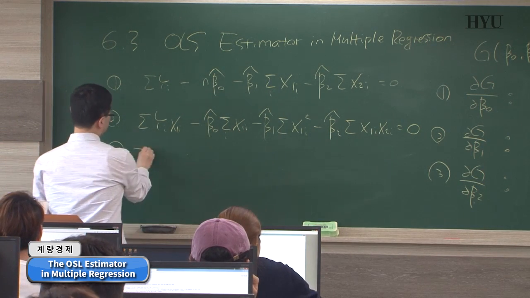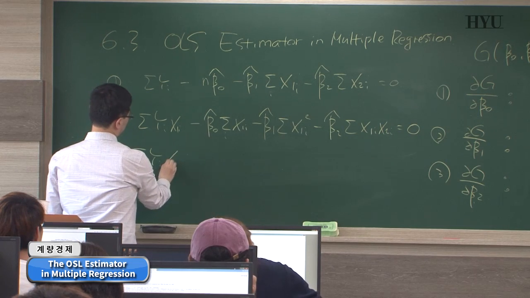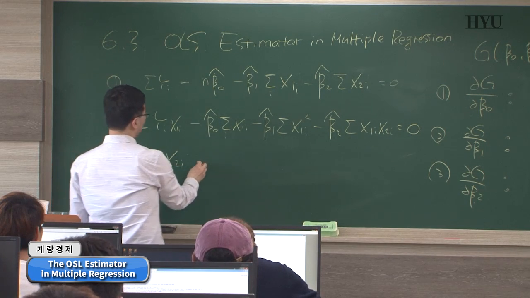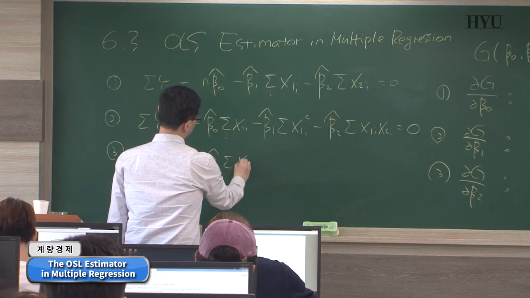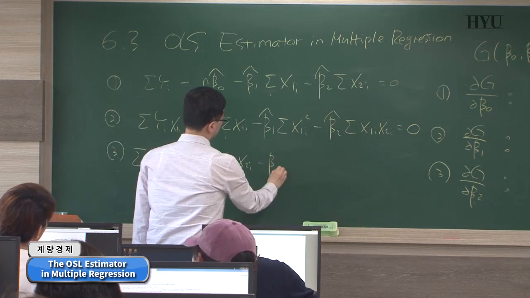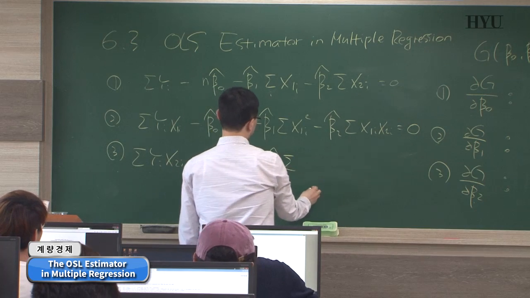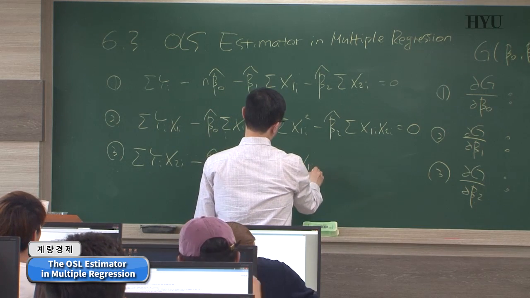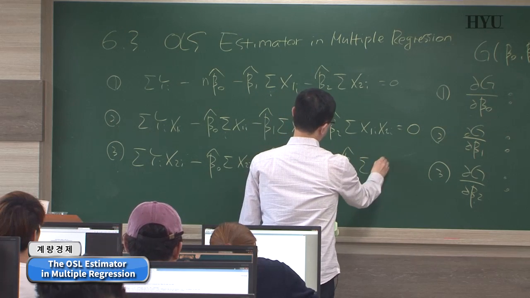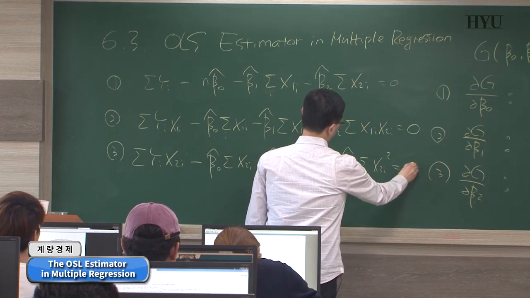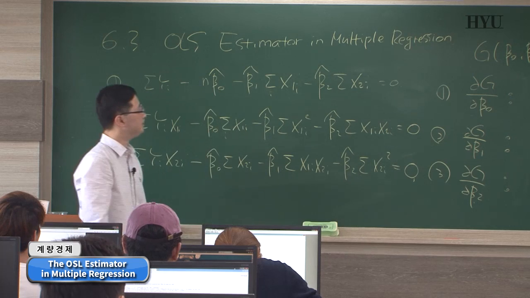Equation 3: this time I multiply everything by x2. So that's got to be 0.